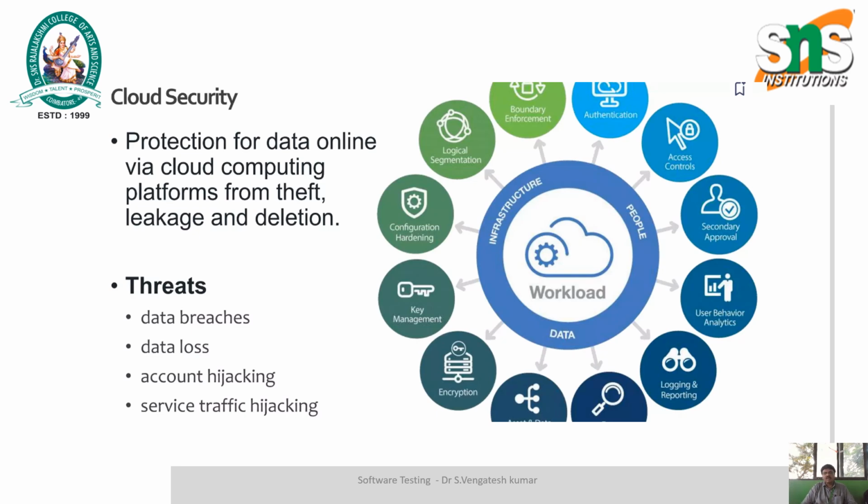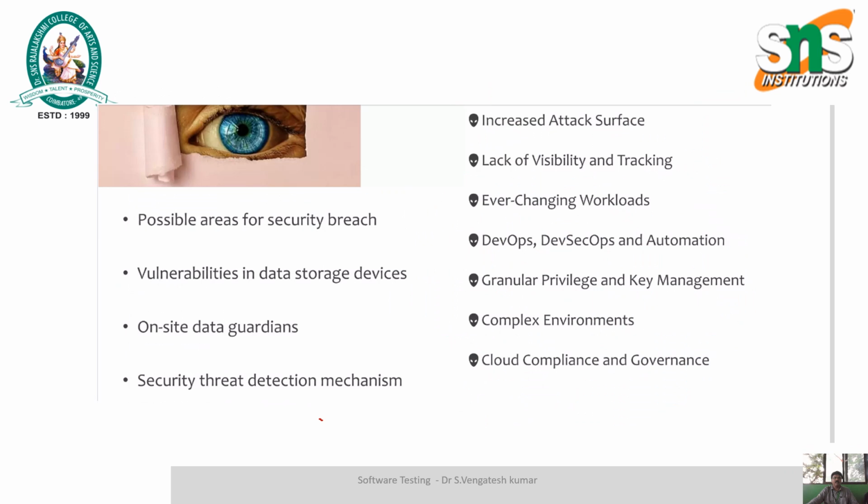The workload has to be monitored with the help of people, data, and infrastructure. The infrastructure includes authentication, access control, secondary approval, user behavior analytics, logging and recording of each and every activity, encryption key management, configuration management, and logical segmentation. All these things have to be looked after in cloud security.